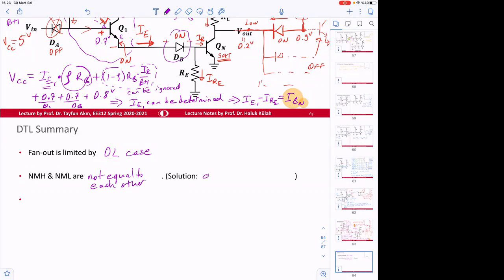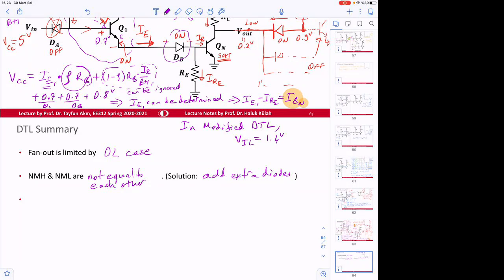Solution, maybe add extra diodes. Okay, maybe in modified DTL, the input low is equal to 1.4 volt instead of 0.7 volts.